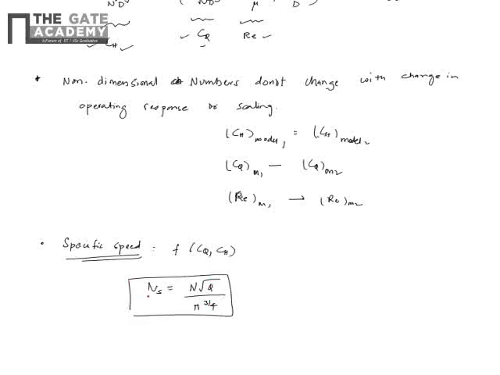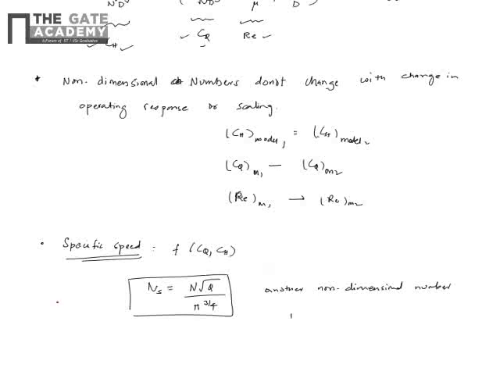You can say the specific speed is the speed of the pump which takes unit volume flow rate and delivers unit head. But remember that it is another non-dimensional number and it doesn't change with scaling or change in operating conditions. So if you are given one pump, the speed is changed and you are asked what the head is, you can just say that the specific speed remains constant.